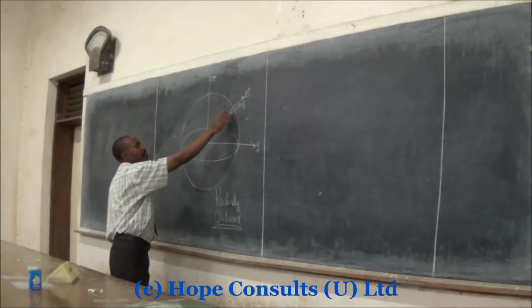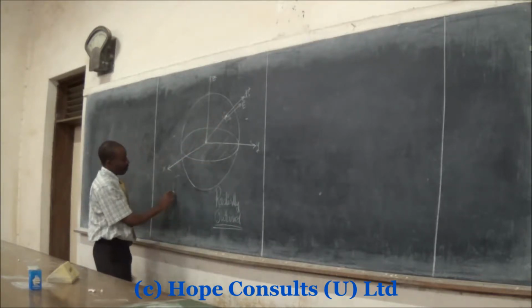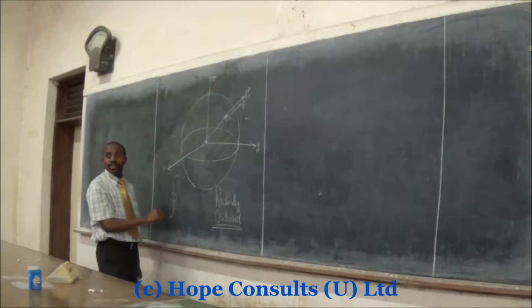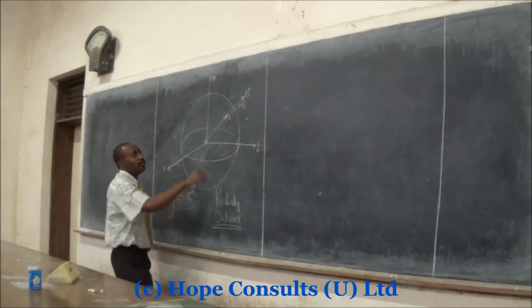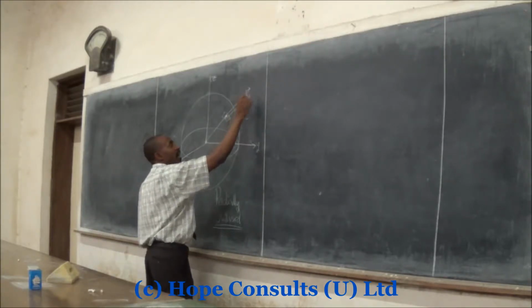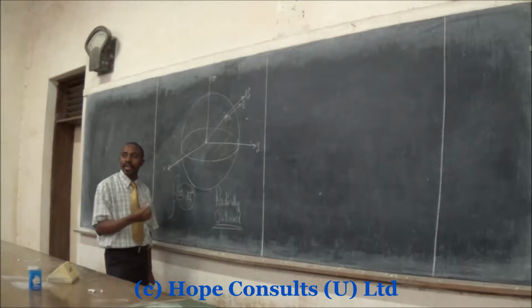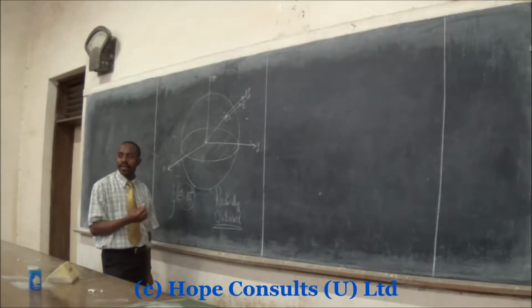So, if we follow Gauss's law, the integral over the closed surface of E dot S is the dot product of the electric field density and the surface element along the radius.